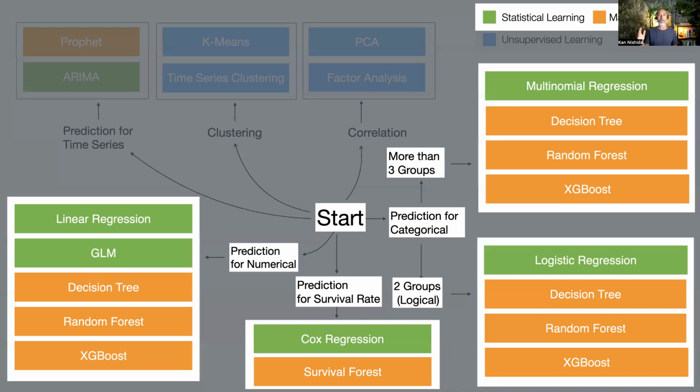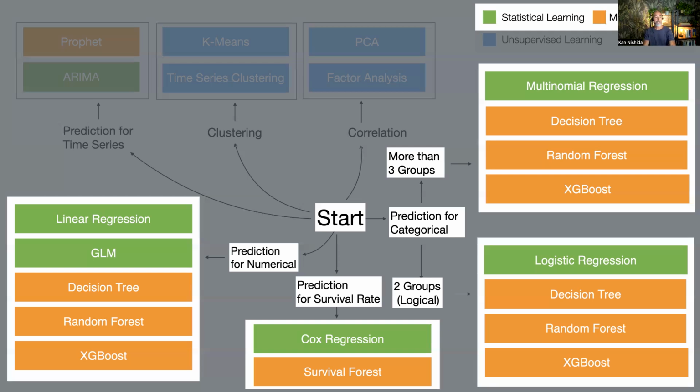For example, the person who cancels the first month after they sign up, or 1 year after, or 3 years after, the meaning of the cancellation can be very different, right? So how long it takes before the cancellation is also important. In that case, you want to use survival analysis prediction models, such as Cox regression or survival forest, which is the center at the bottom.